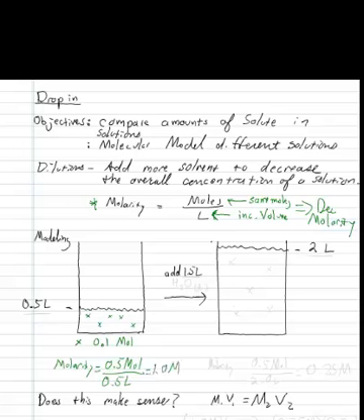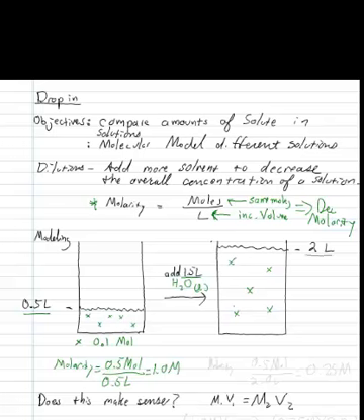Let's say to this solution I add 1.5 liters of H2O. So I still have the same amount of solute. I've just increased the volume. So if I add 1.5 liters to 0.5 liters, I ultimately have 2 liters overall.